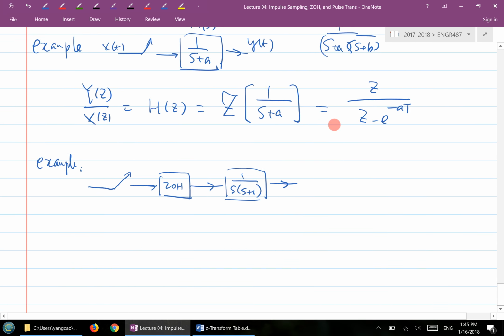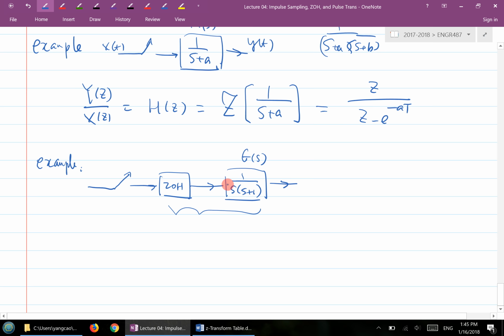Now here is a zero order hold, and here is, for example, a plant, G of S. Overall it's more or less like the previous example, just one single block if you put these two together.